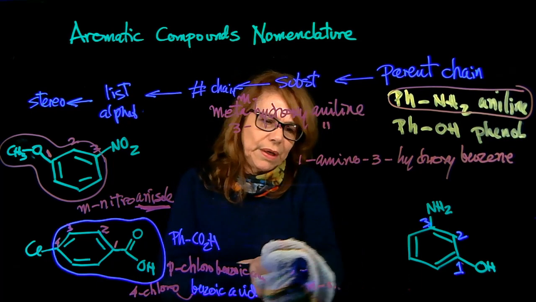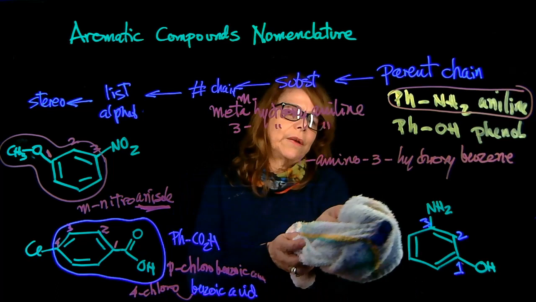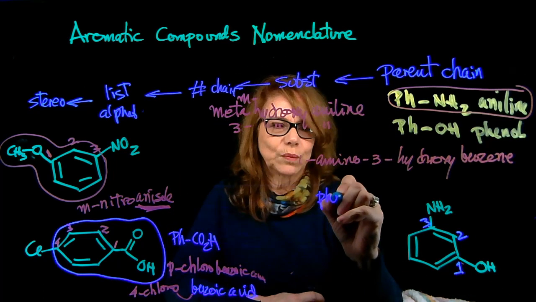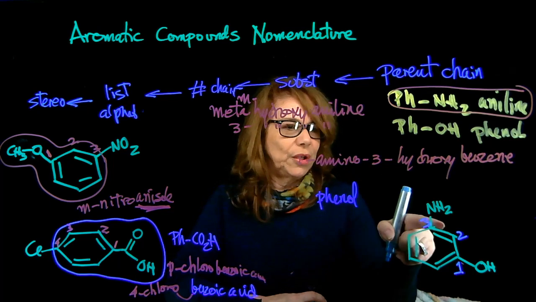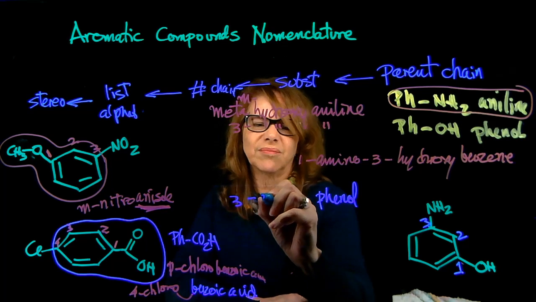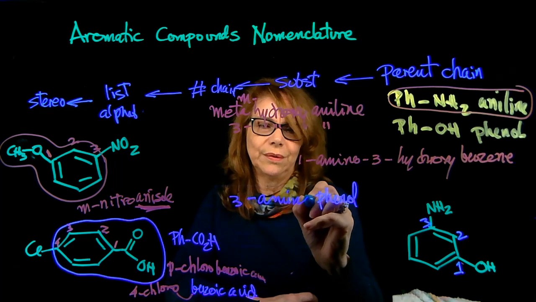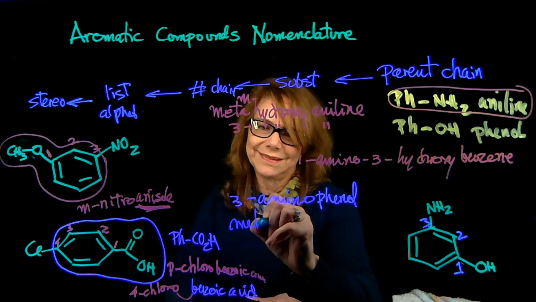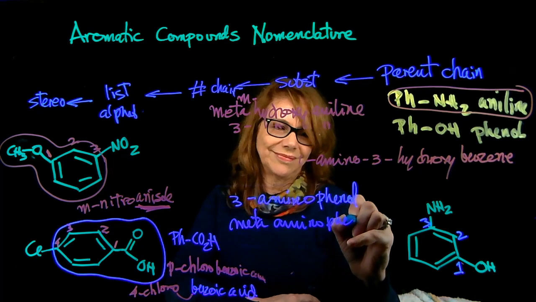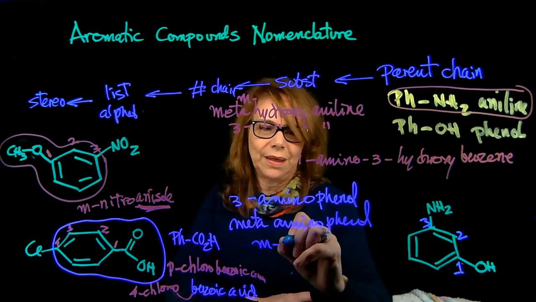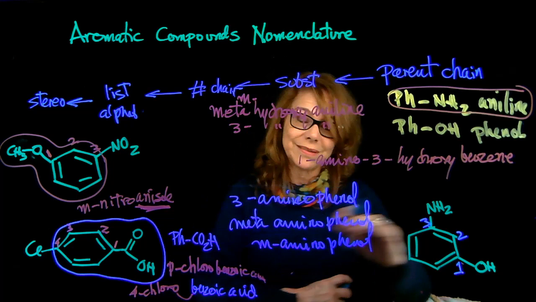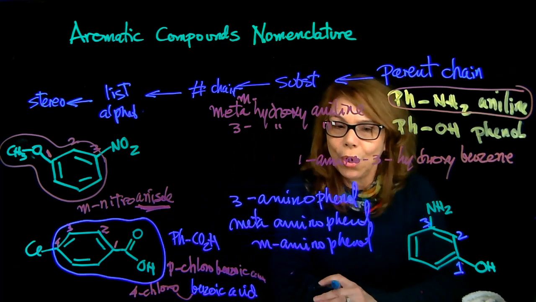I start writing my parent chain first, phenol. And the amino group is on carbon number 3. So 3-aminophenol, or meta-aminophenol, or m-aminophenol.